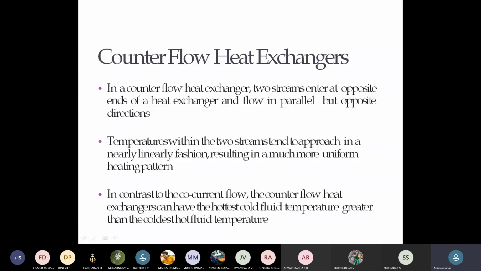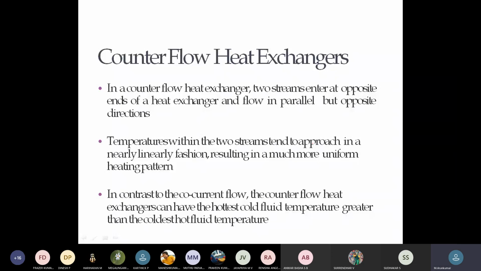The temperatures within the two streams tend to approach in a nearly linear fashion, resulting in a much more uniform heating pattern. In contrast to parallel flow, the counterflow heat exchanger can have the hottest cold fluid temperature greater than the coldest hot fluid temperature.